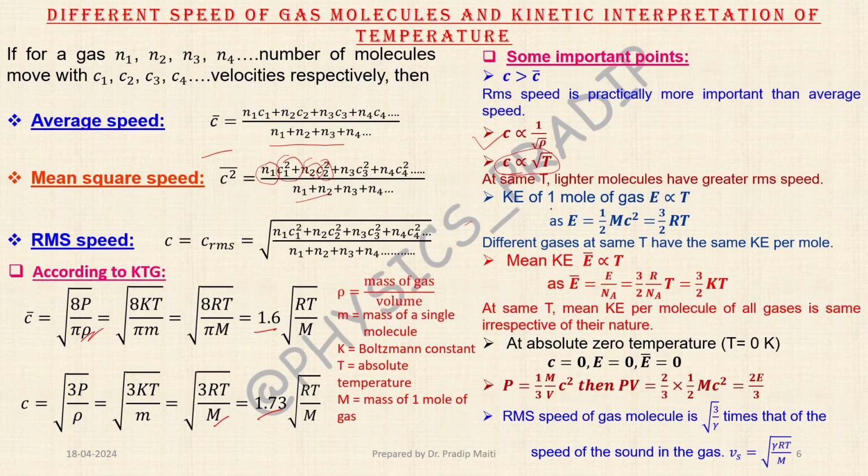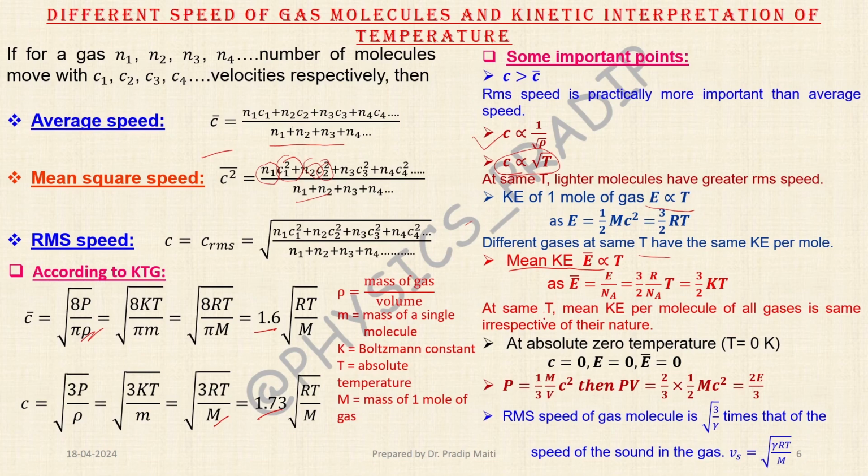Also, kinetic energy of 1 mole of gas is proportional to temperature, as E is directly proportional to 3 upon 2 into RT. So R is a constant, so kinetic energy of 1 mole of gas is directly proportional to temperature. So different gases at the same temperature have the same kinetic energy per mole, and mean kinetic energy is also directly proportional to temperature.